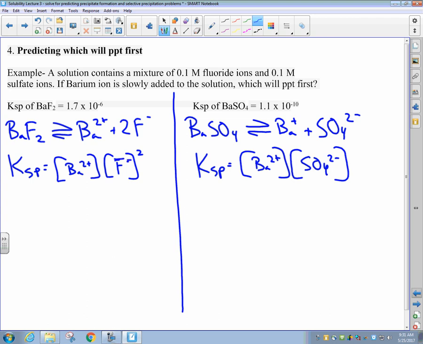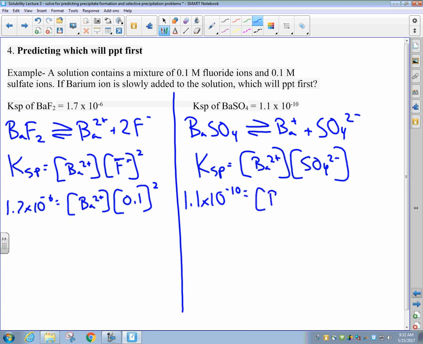Now, we're given KSP values for both, and we know our initial concentrations of these different ions. So what we're going to ultimately do is solve for the barium ion concentration on both equations here. Plug in the values that I have. I've got a KSP. I'm going to solve for the barium ion concentration, and I have the fluoride concentration on that side. On this side, we're going to solve for the barium concentration, and we know the sulfate concentration.